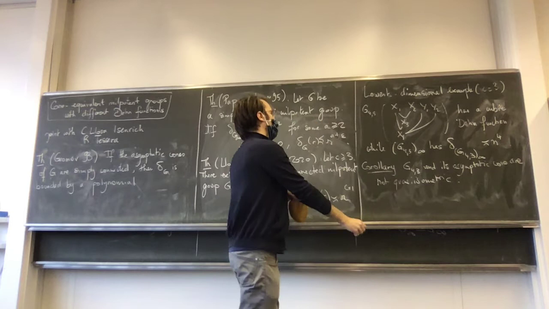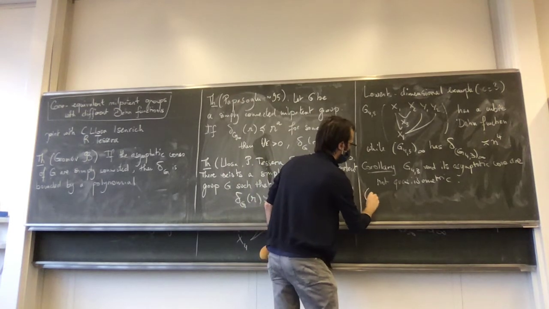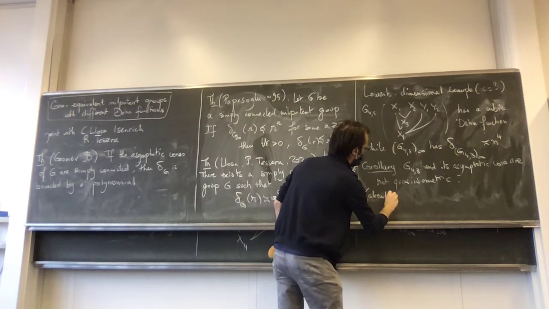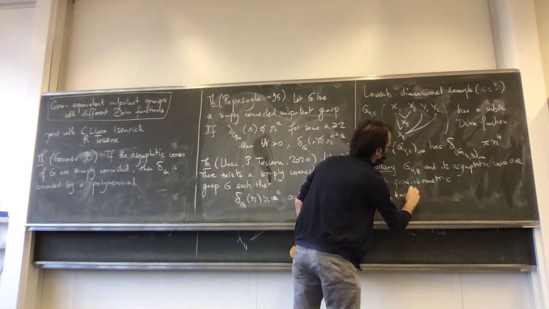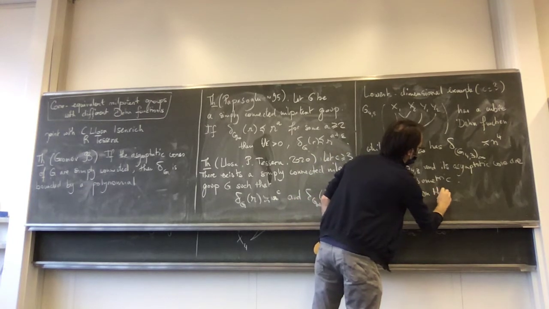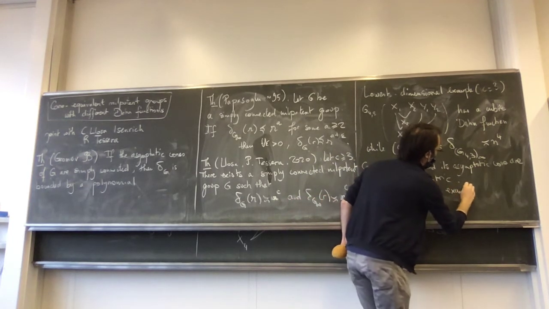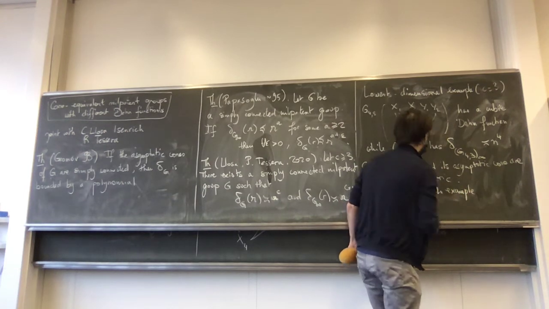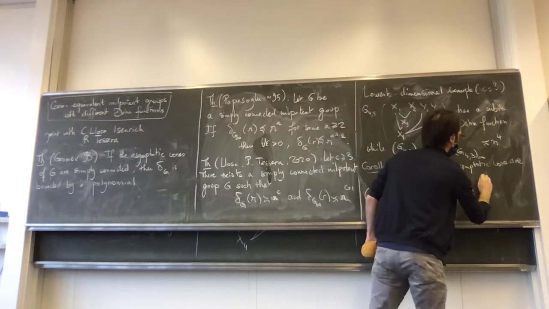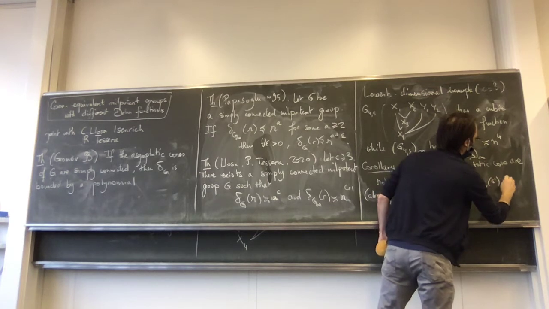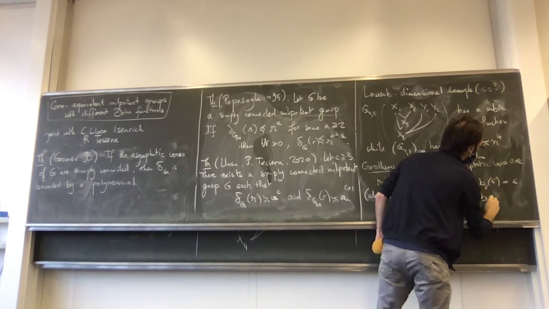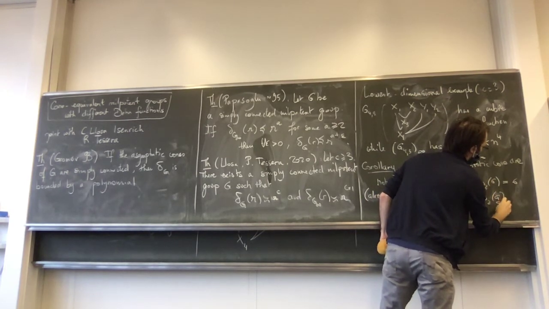It was already known on the example, because if we compute the Betti numbers, one is equal to 6 and the other to 7.